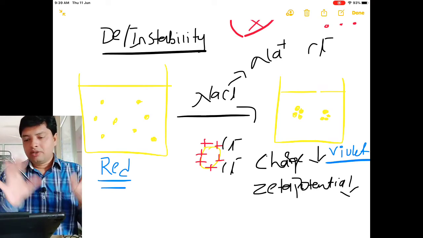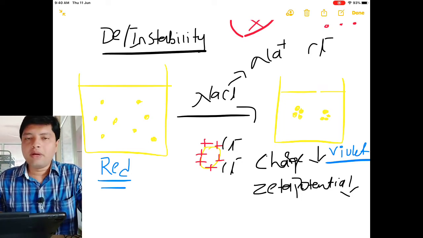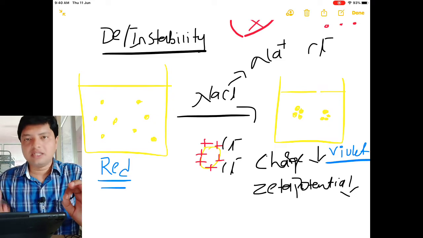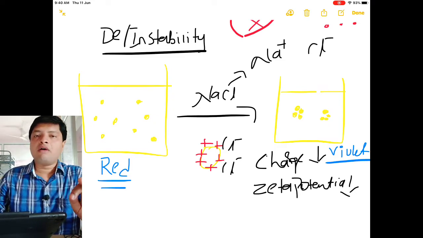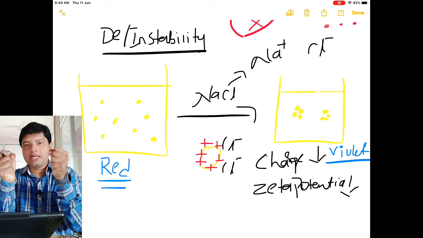Okay, remember this. You need to remember 2 points here. One, your lyophobic colloid is being stabilized by zeta potential. If the zeta potential is good, the particles are far away from each other.